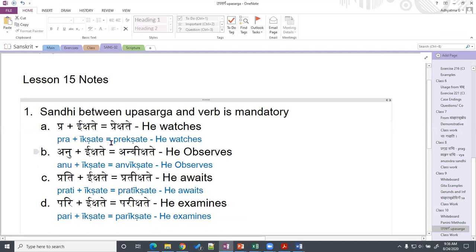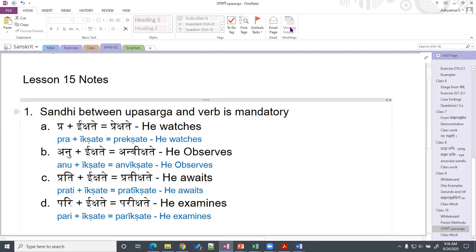One thing here, sandhi between an upasarga and verb is mandatory. So I told you earlier that Ramaha gacchati, we can say Ramaha gacchati or Ramo gacchati, even though sandhi generally happens, but it's not mandatory between two words in a sentence.